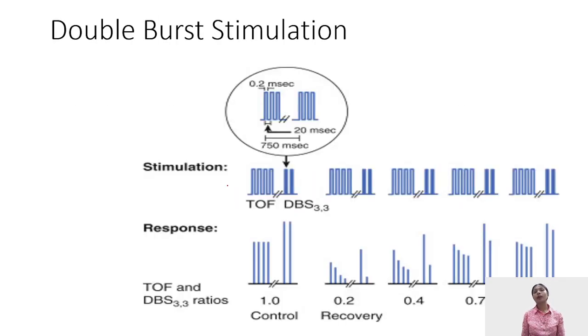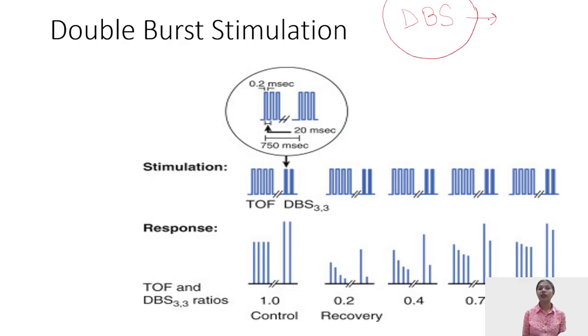Third is the double burst stimulation. See the details, how many stimuli are given, and what the time is. These are rare questions which can sometimes be deciding factors, but the most used neuromuscular monitor is the train of 4, while the most sensitive is double burst stimulation.